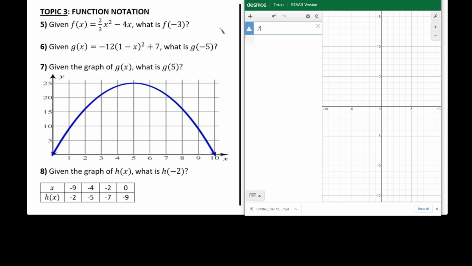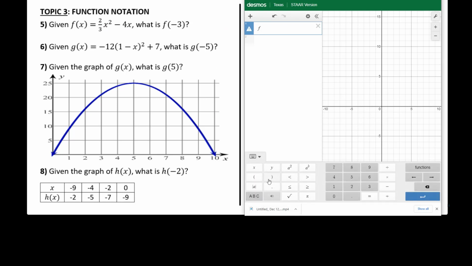So f of x, close parentheses, equals 2 divided by 3, arrow to the right, x squared minus 4x. Double check that you copy correctly. And now click on the second box and write f, parentheses -3, close parentheses. And we got the answer, that is 18.